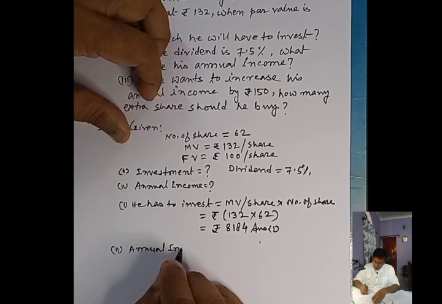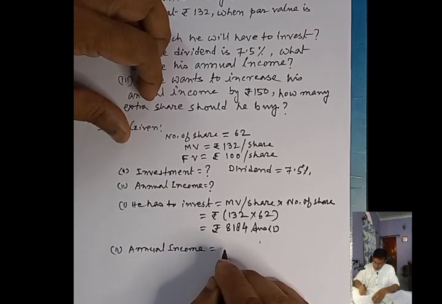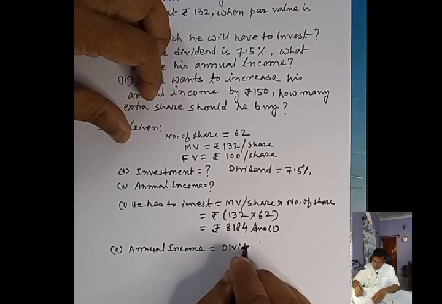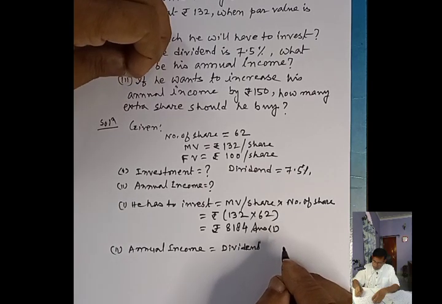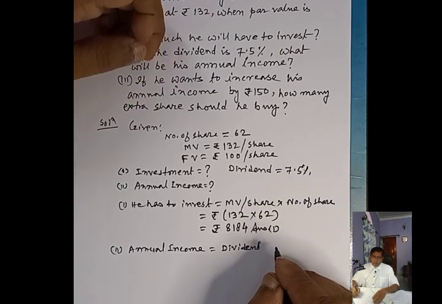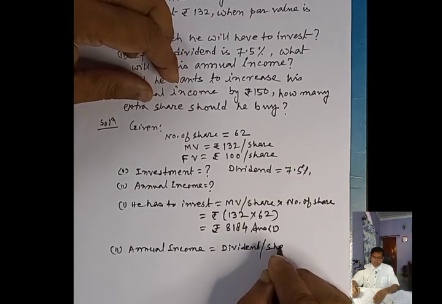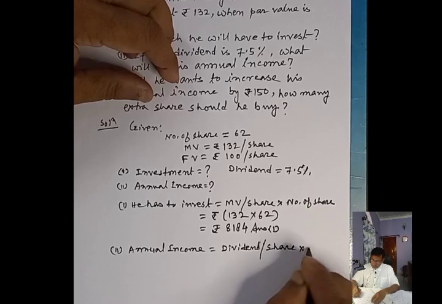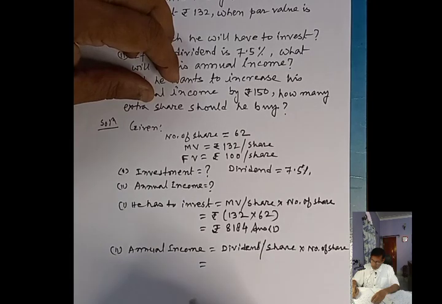Annual income is equal to dividend per share into number of shares. Now, what is dividend per share?